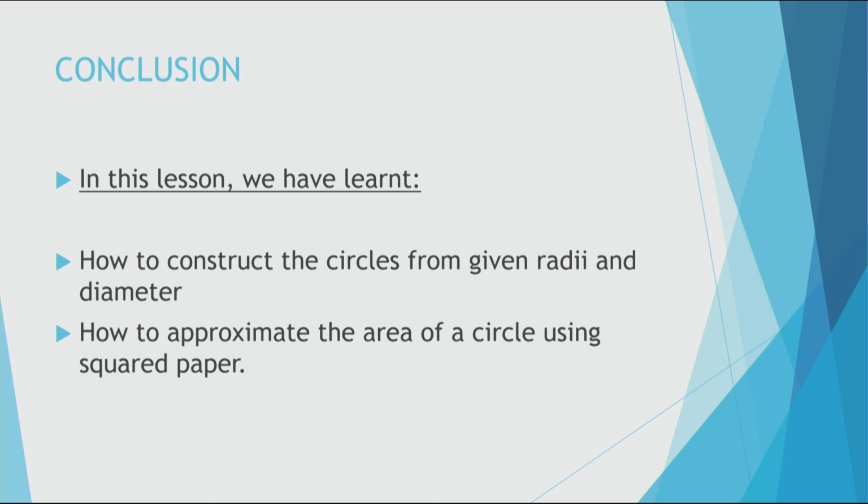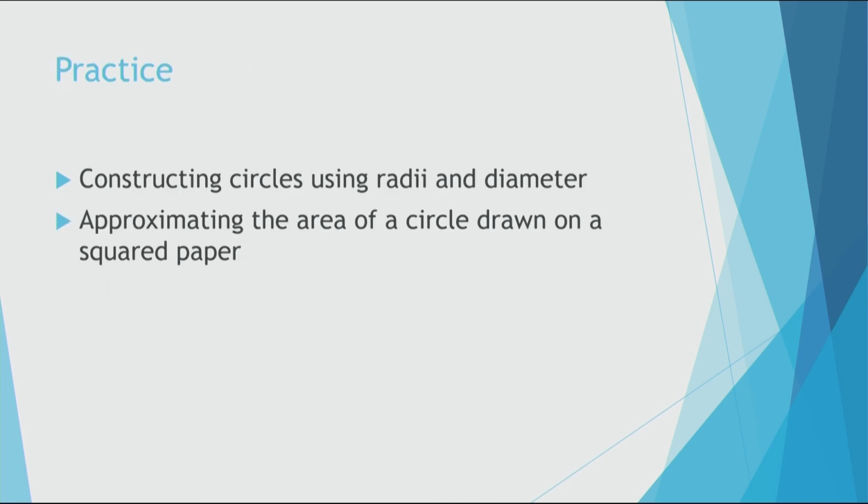Following what we have learned, you can do a practice. In your practice book, you should have those materials which I explained when starting the lesson. Try to construct circles using any radius. You can give yourself the radius and then construct it. You can also give yourself the diameter and try to construct to see if you have really understood the lesson.